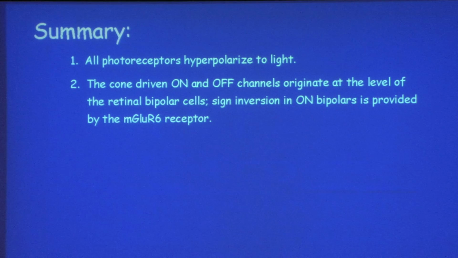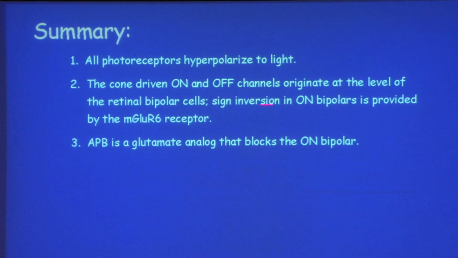Okay? For on bipolars, you have a system which involves sign inverting synapses. The neurotransmitter, by the way, of the photoreceptors is glutamate. And when you come to the receptor sites, the mGluR6 receptor is the one that inverts the signal for the on bipolar cells. And the mGluR1 and 2 is the neurotransmitter receptor site for the off bipolar cells.